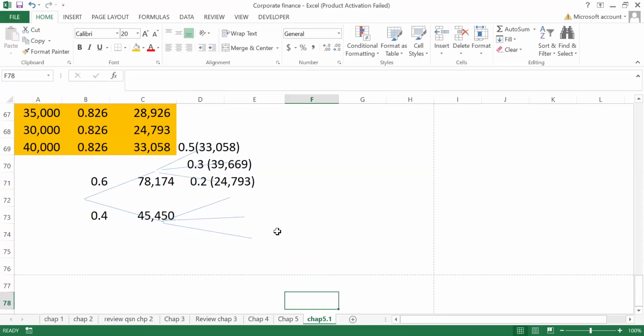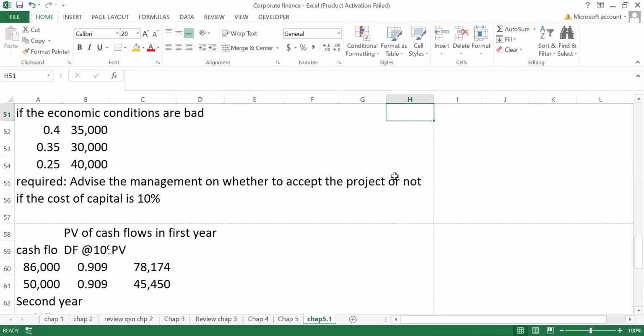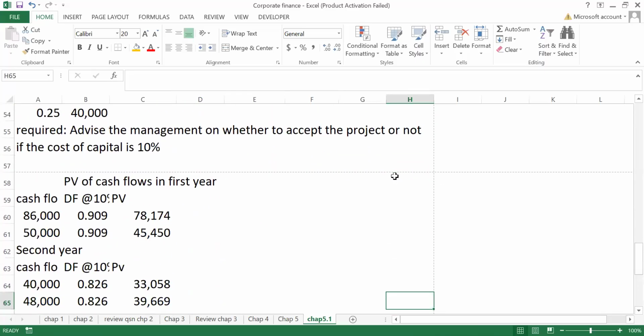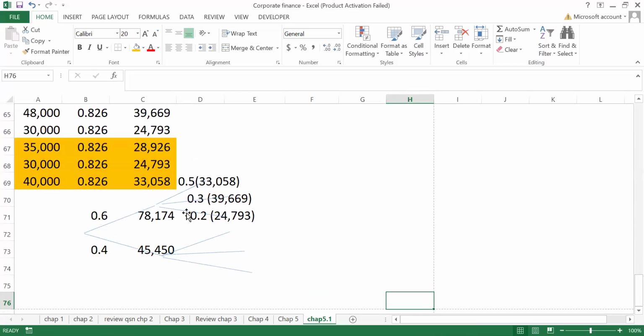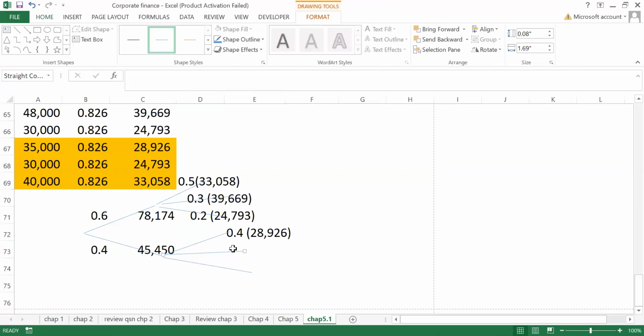Now, the second one, what are the probabilities? The probabilities are 0.4, 0.35, 0.25. So here, it can be 0.4, and the cash flow will be 28,926.